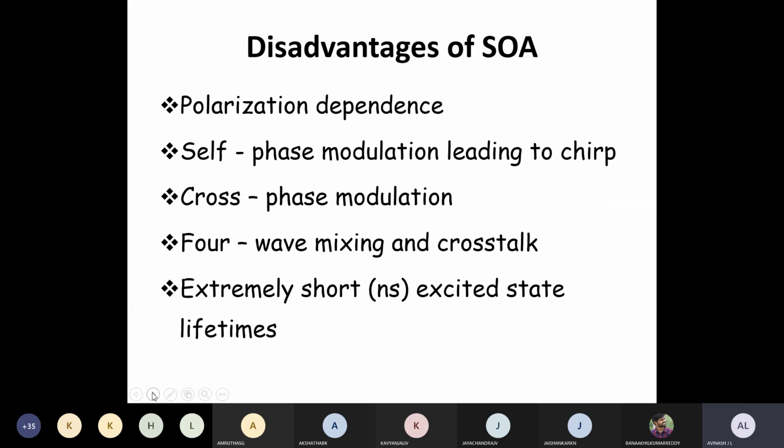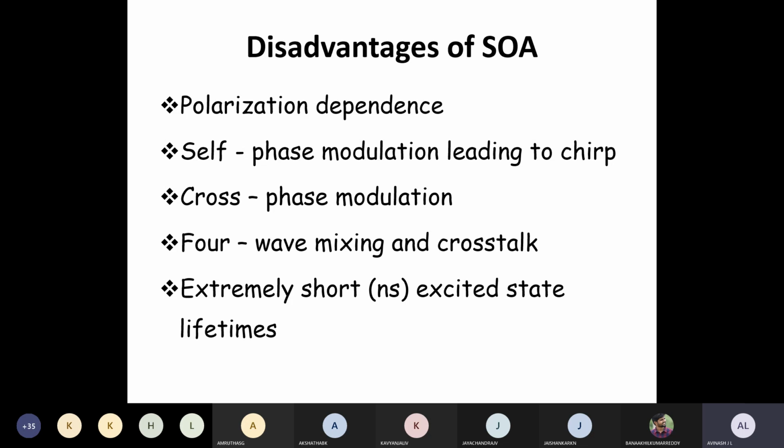The next thing is the disadvantages or limitations. For every device, when we have a number of advantages, there may be some disadvantages also. So the disadvantages of SOA: polarization dependence, and self-phase modulation leading to chirp, because here we are going to use self modulation.